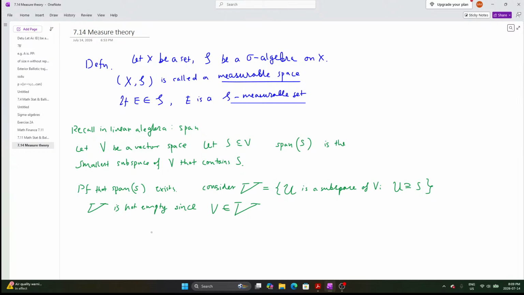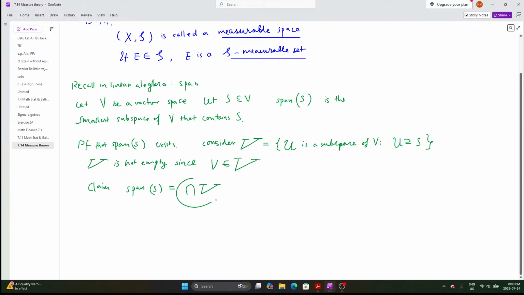And now you can just define a claim: the span of S is the intersection of all the subspaces in that collection. This is because the intersection of subspaces is still a subspace. So the right-hand side is guaranteed to be a subspace.